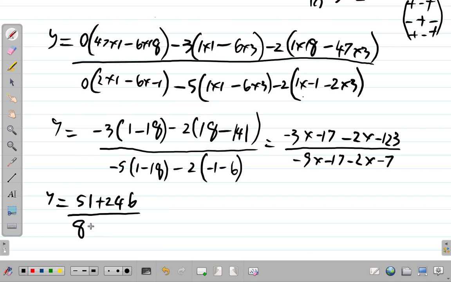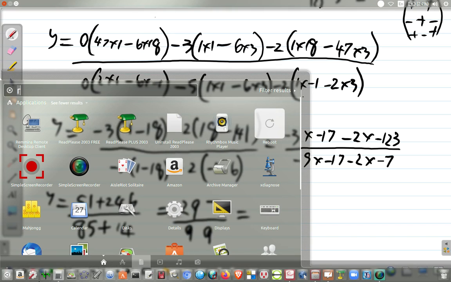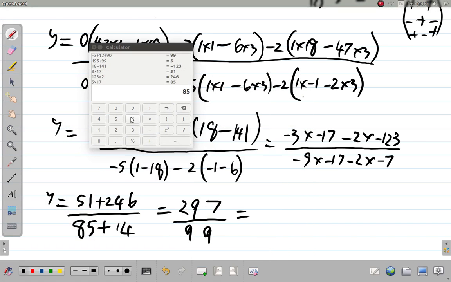So it will be 85 plus 14. So you're going to have 297 over 99. So 297 over 99 equals 3. So you have y equals 3.